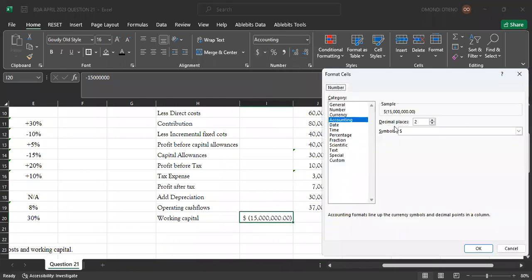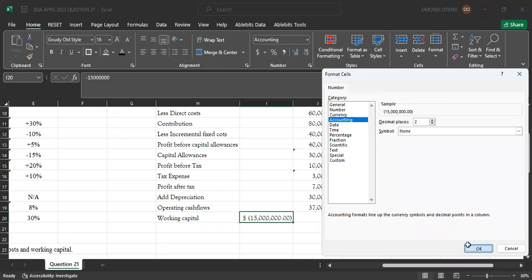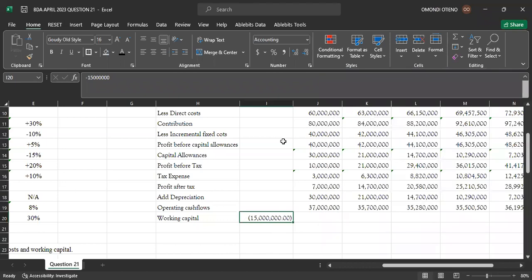Let me just do away with the dollar sign. I believe yours does not have the symbol, but I believe you are now able to see the negative. So that is working capital in period 0.